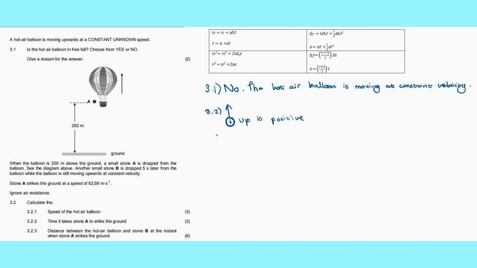To calculate the speed or velocity of the hot air balloon, we will calculate stone A's initial velocity, because stone A was traveling and thus moving with the hot air balloon. So its initial velocity, or its velocity at the instant in which it was dropped from the hot air balloon, equals the velocity of the hot air balloon, which we are being asked to calculate.